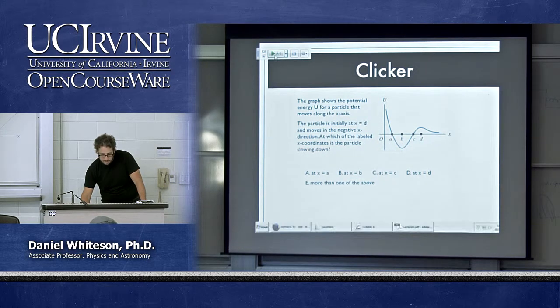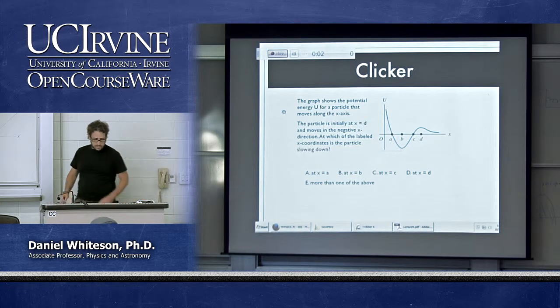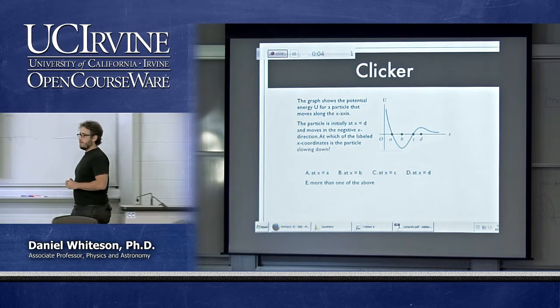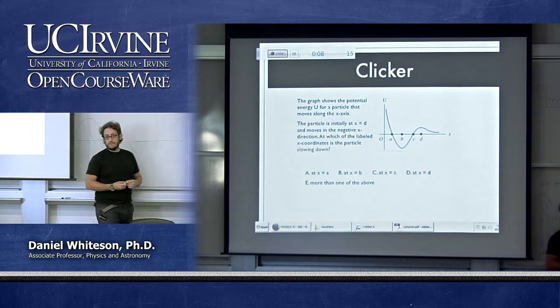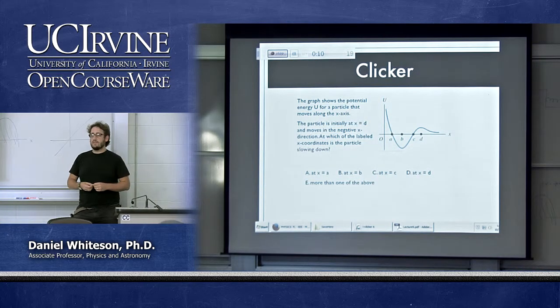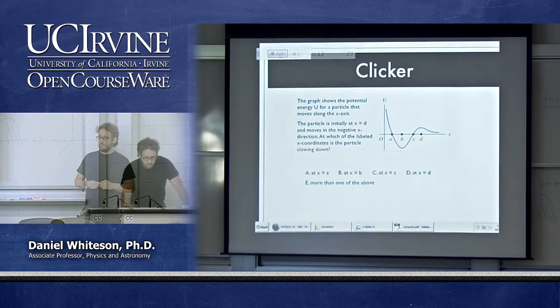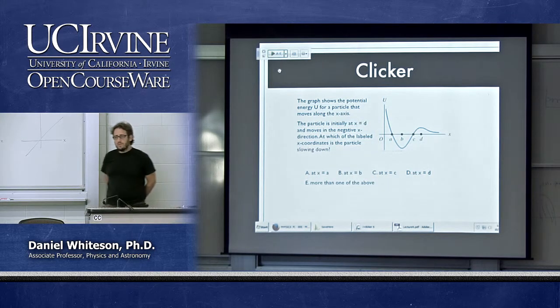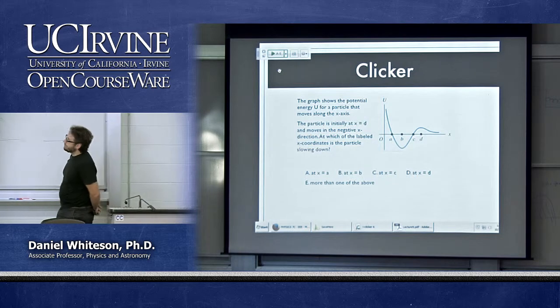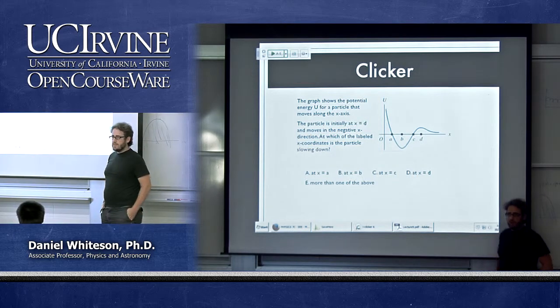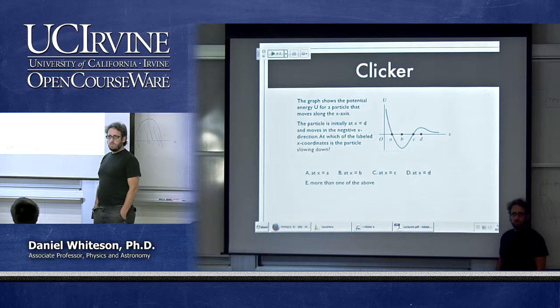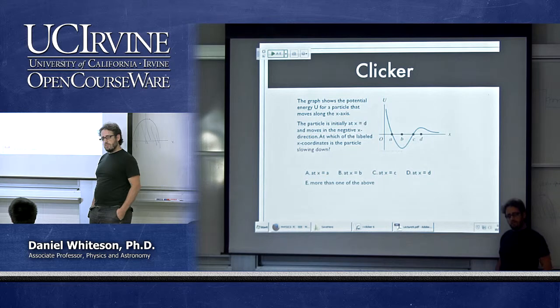Okay, at which of these coordinates is the particle slowing down? I mean, its magnitude of velocity is decreasing. Okay, so who thinks the answer is D? Nobody? How about C? Why is it C?